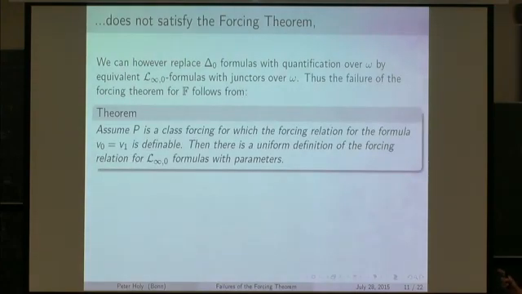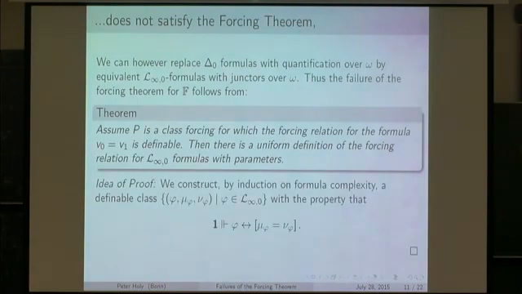And then the failure of the forcing theorem for this forcing is a consequence of the following theorem, which says: assume P is a class forcing for which the forcing relation for the equality v0 equals v1 is definable. Then there's a uniform definition of the forcing relation for infinitary formulas with parameters.